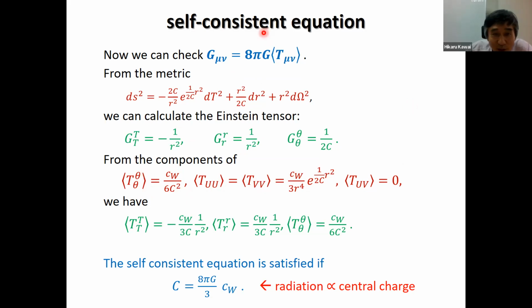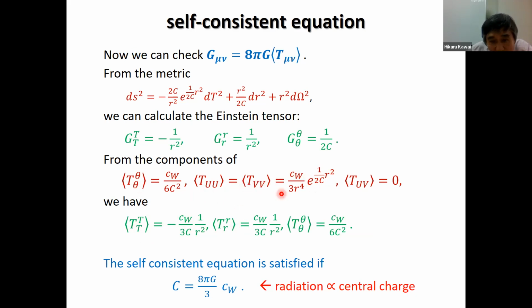Before comparing, we have to change this to diagonal components, so from these two, we can calculate T_TT and T_RR.